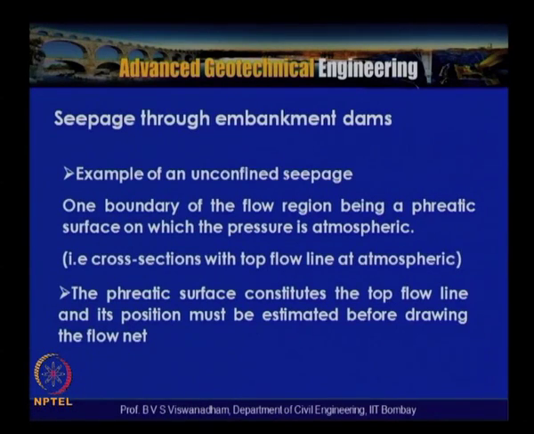The phreatic surface constitutes the top flow line, and its position must be estimated before drawing the flow net. Suppose you have embankment dams; in practical cases these structures are levees or dams, or nowadays modern structures like ash pond dams or tailing dams. These are examples of embankment dams, which are constructed for different purposes.